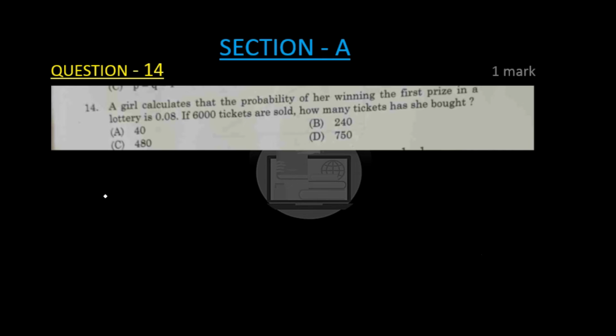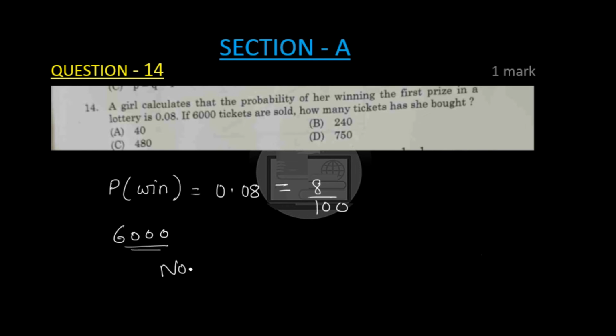A girl calculates that her probability of winning the first prize in a lottery is 0.08. So the probability of winning is 0.08, which is nothing but 8 by 100. And how many tickets are sold? There are 6,000 tickets sold. So how many tickets should she buy so that she has a winning probability of 0.08?